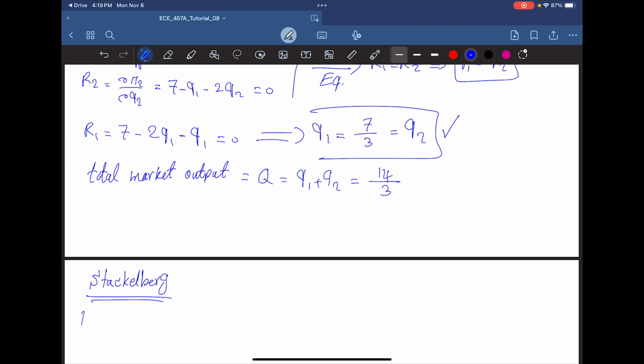Okay, let us assume that player 2 moves first. So in the lecture notes, you assume that player 1 moves first. Now, let's do the opposite. Let's assume here that player 2 moves first. In this case, player 2 is the Stackelberg leader.